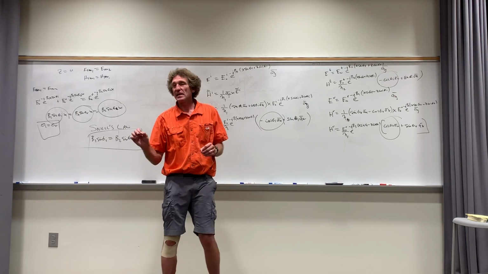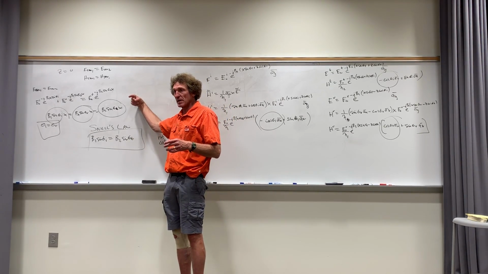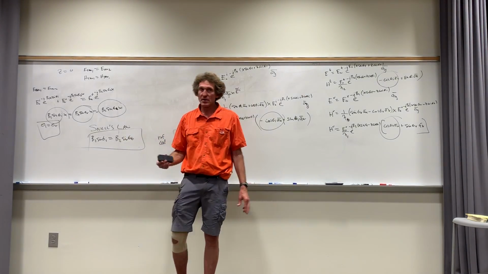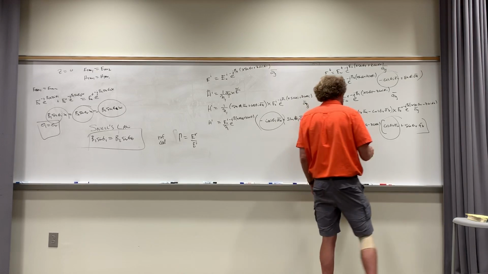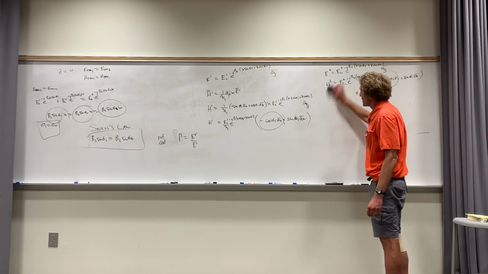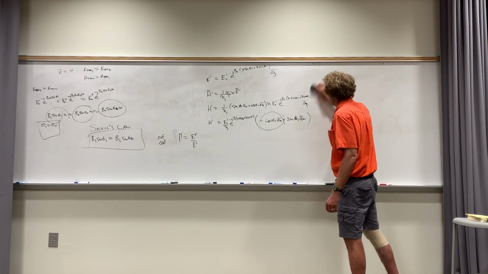That's for TE. There's a different polarization, when the electric field is not perpendicular to the plane it's traveling in, but in the plane, and that's called parallel polarization. I like to call it transverse magnetic polarization, TM polarization, because the magnetic field is then perpendicular, not the E field.